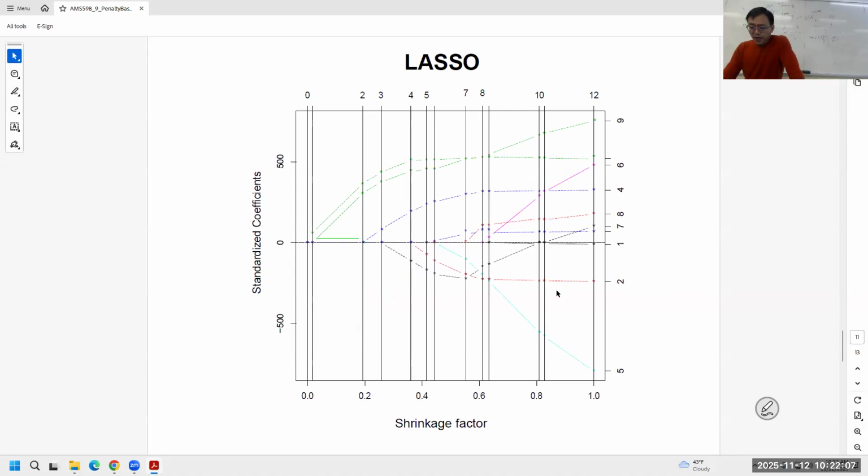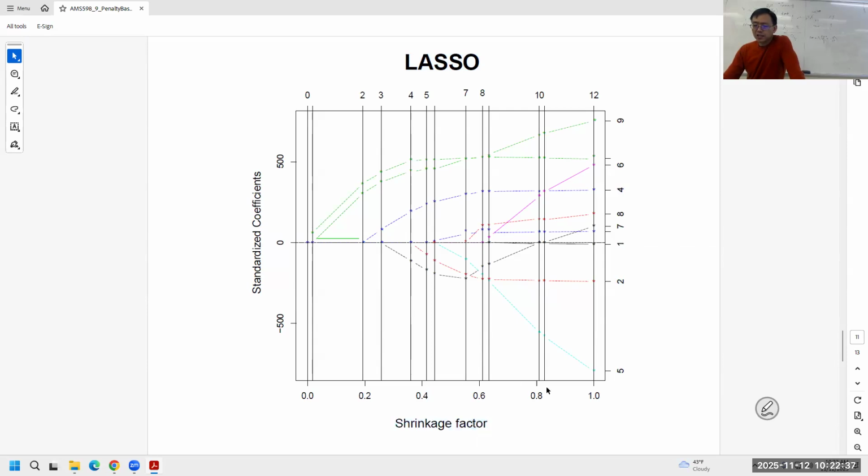This is a picture we adopted from The Elements of Statistical Learning, using lasso regression on a regression problem. In this problem, you have 9 covariates, numbered 1 through 9.